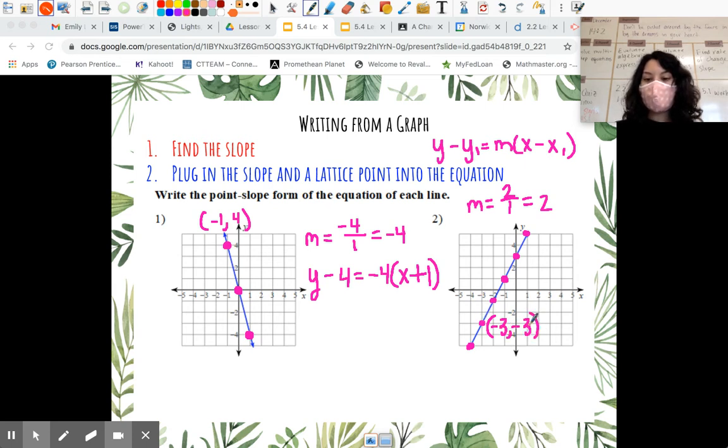So when I substitute here, I'm going to write y minus, and then my y value is -3 equals 2, parentheses x minus, my x value is -3. So if I used that as my ordered pair, I would want to simplify these to plus signs. And again, you don't have to use this ordered pair. You could use this one. You could use this one up here, up here. It doesn't matter.